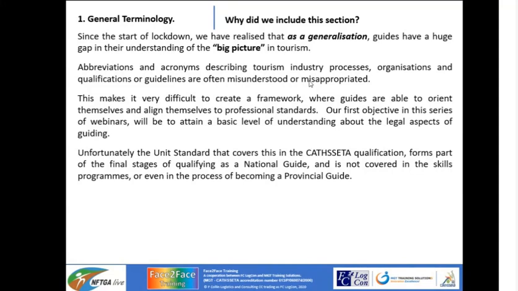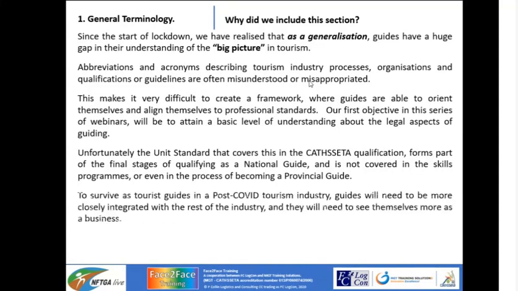It is not part of the unit standards that are required for guides on skills programs or even becoming a provincial guide. So this means that if you haven't done national guide qualification, you haven't actually looked at legal at all. So it's understandable that you don't know what a contract is and how a contract works. But this is a point that I need to emphasize right at the start, and everybody must understand this.